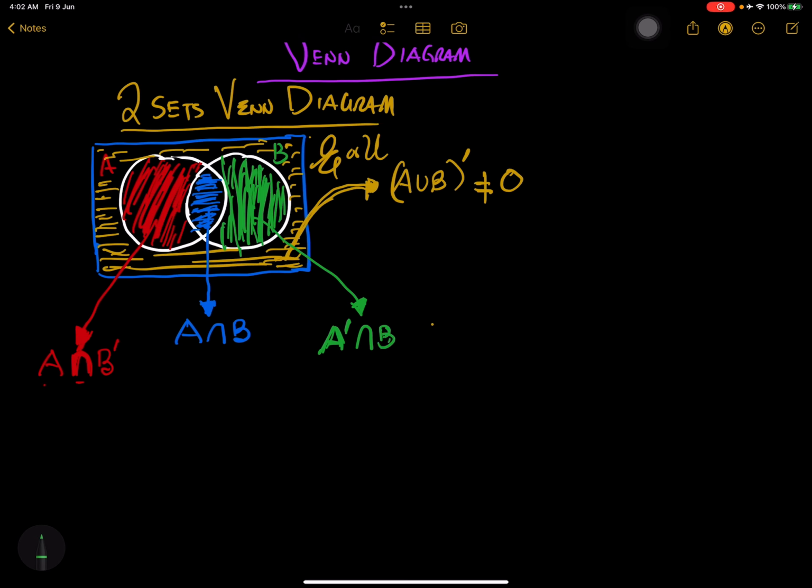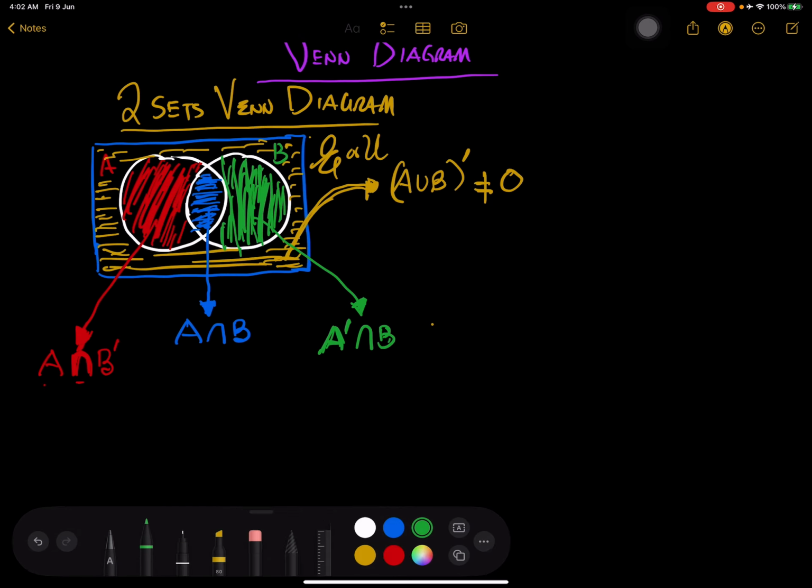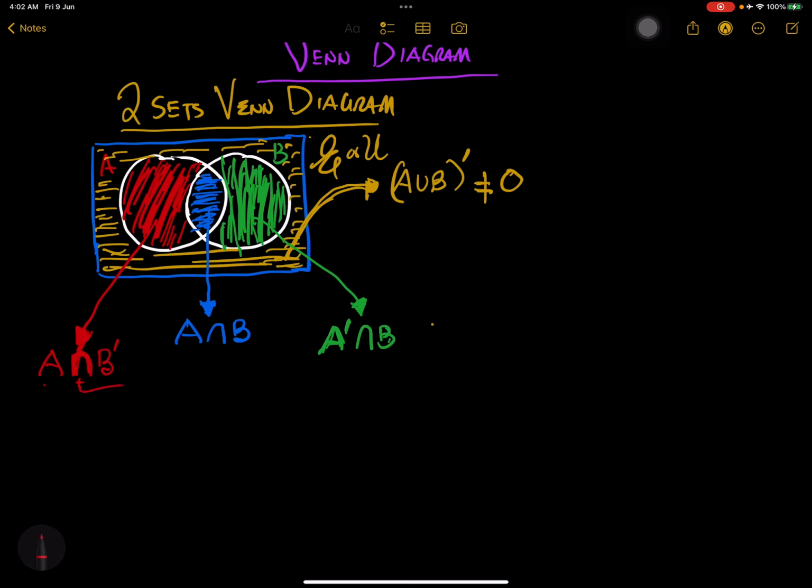Because we have been able to establish that, let's look at what gives us our A. Set A is this whole region. So we can say set A is A and not B, added to A intersection B. And don't forget, A intersection B is only one.